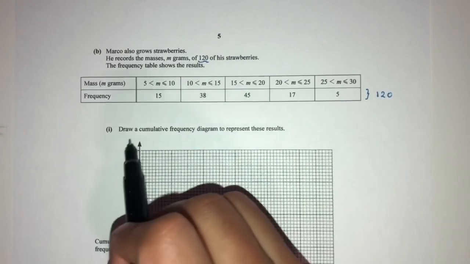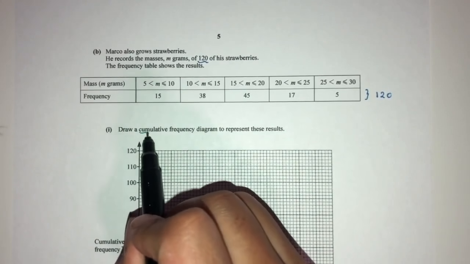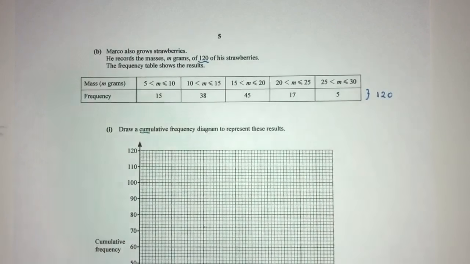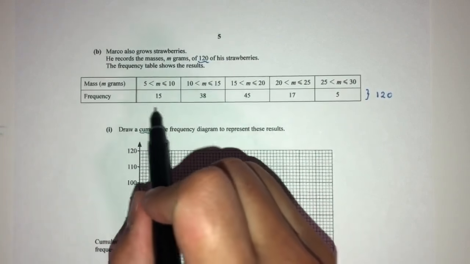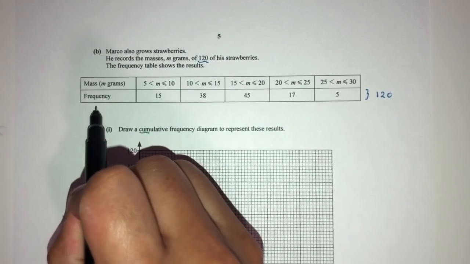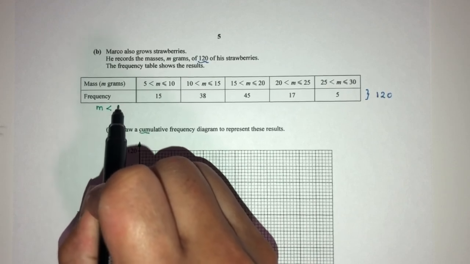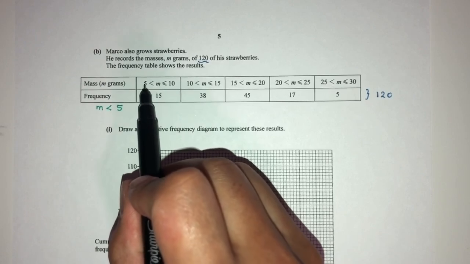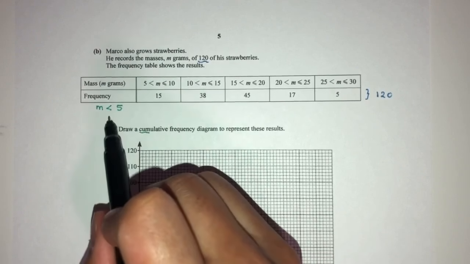Whenever it comes down to cumulative, we always have to add things up. Cumulate, adding things up, right? First, we write when M is less than 5. What is the frequency? M between 5 and 10 is 15, but less than 5 we have nothing.